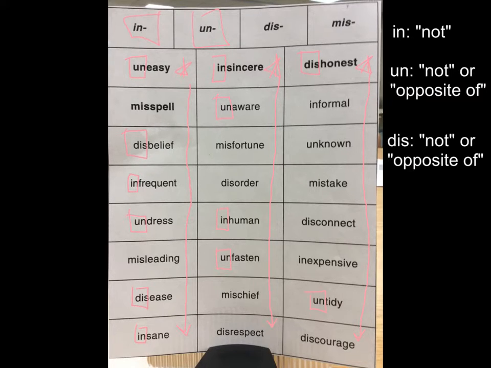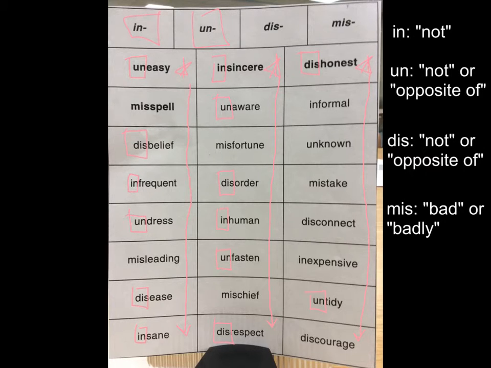Disease is an interesting word because you have the base word ease here. So disease would be meaning that something was not at ease, kind of like your body when you're sick. It's not at ease. Then you have disorder, not having order, disrespect, not having respect, and then you folks can find the rest of the dis words.